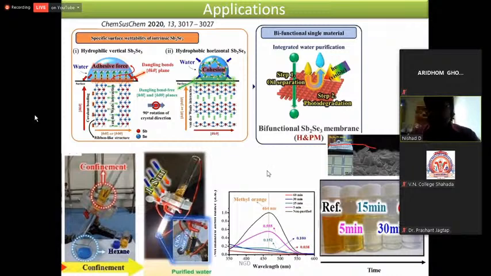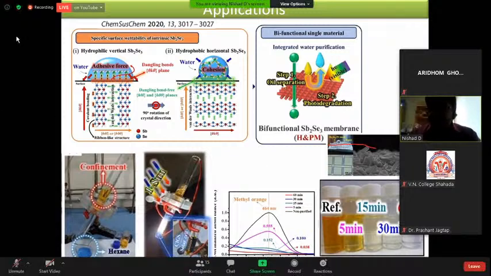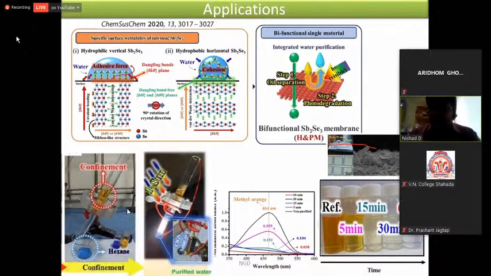So that means that the surface is very important, and how you control this surface, you can control the bifunctional properties, wherein we have shown in antimony selenide that we can use this simple material for making such filters.